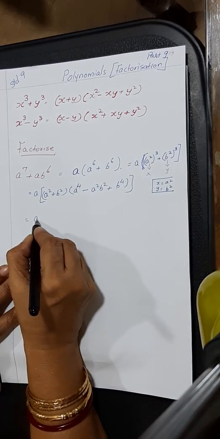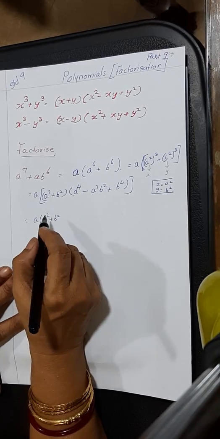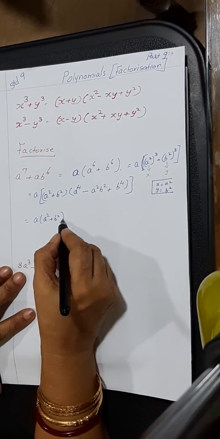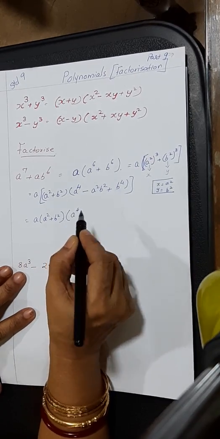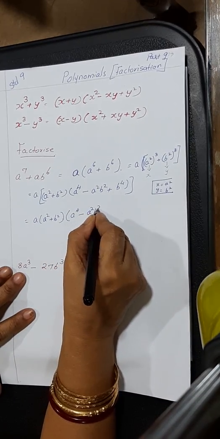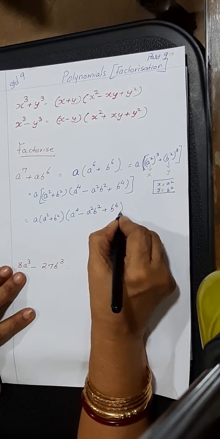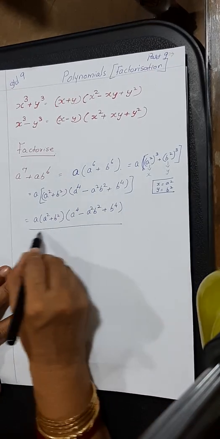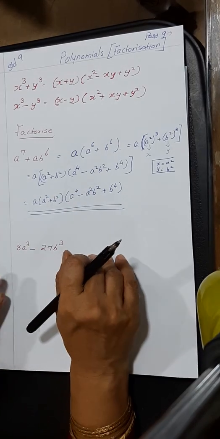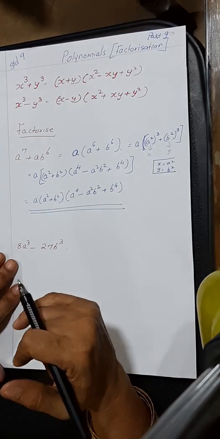So this is A into A squared plus B squared into A to the power of 4 minus A squared B squared plus B to the power of 4. You can't factorize it further, so you are done with this. In some cases you can factorize somewhat, we will do it when we do the problems.